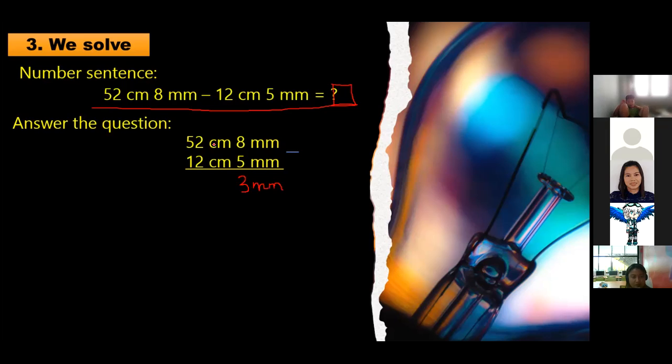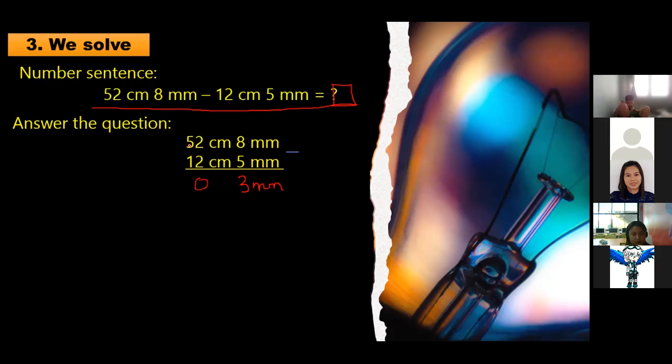Don't forget. Now 52 centimeter minus 12 centimeter. So 2 minus 2 equals 0. Very good. So 5 minus 1 equals 4. So that is 40 centimeter. I will write properly.